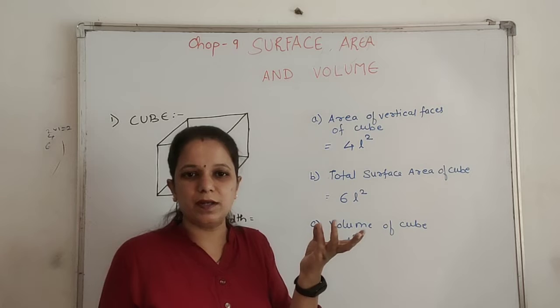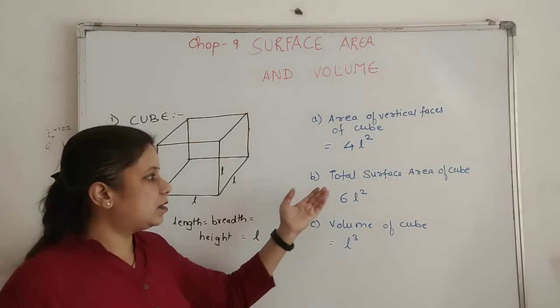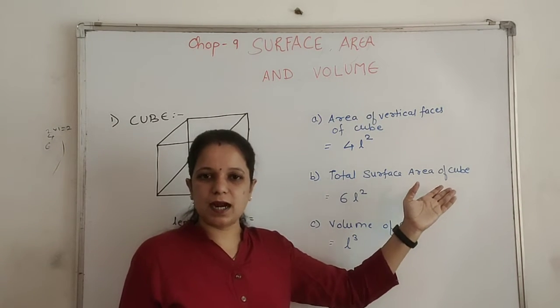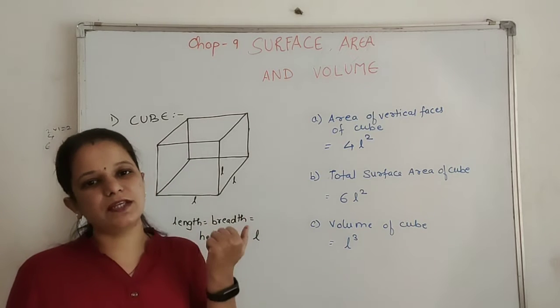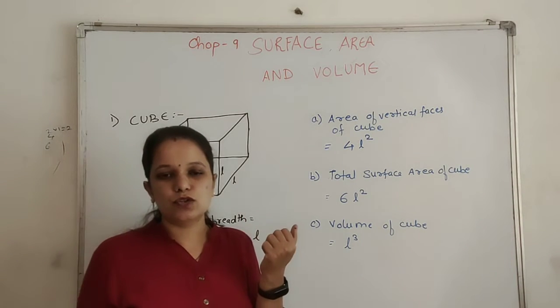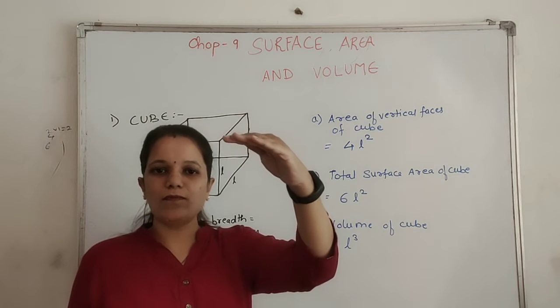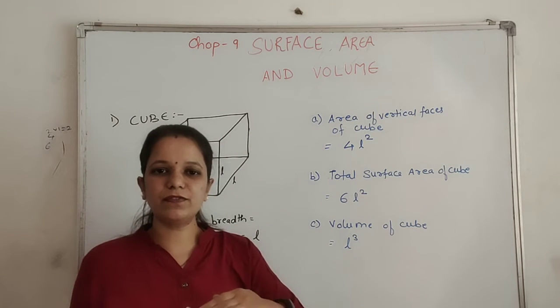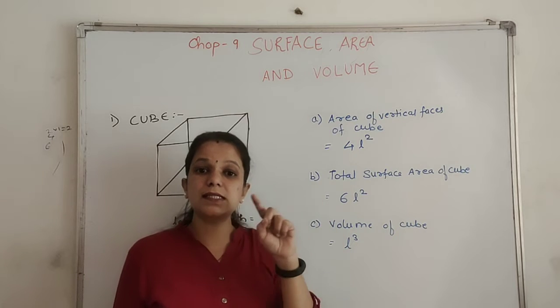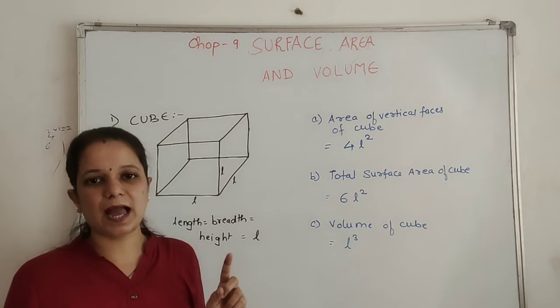It is very simple. Now total surface area. Total means all the faces you have to consider. So for a cube we have 4 vertical faces, top one face and bottom one face. So total 6 faces we have.